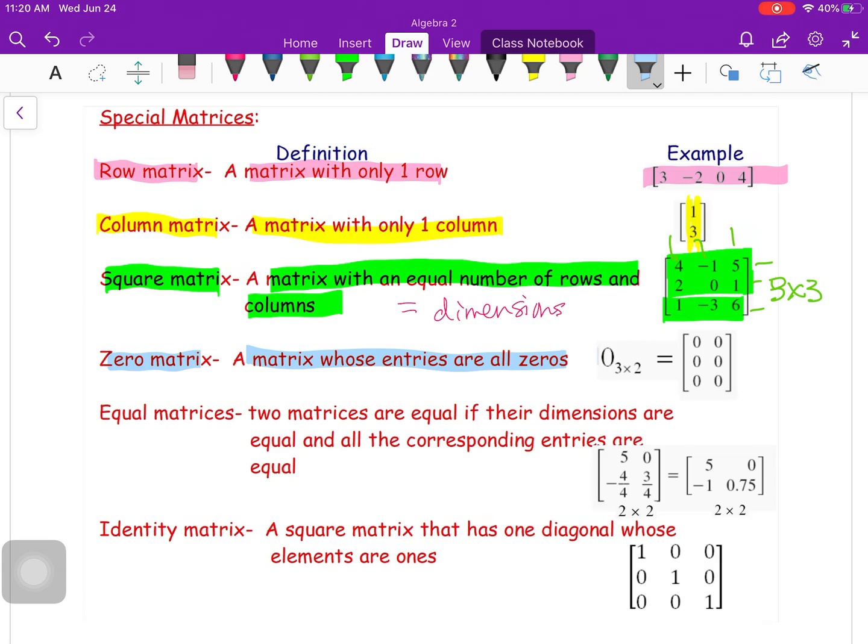A zero matrix is a matrix whose entries are all 0. Notice how it's denoted. That is a 0, 3 by 2. So that means 3 rows and 2 columns. And all the entries are zeros.